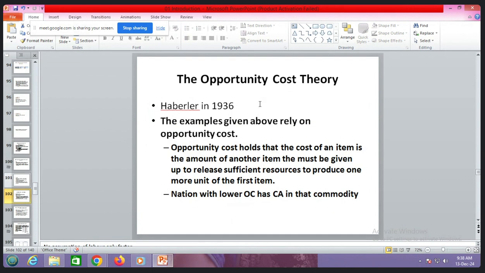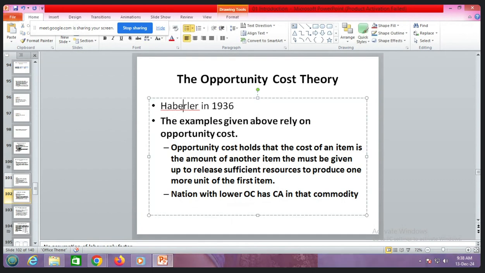This opportunity cost theory was given by an economist called Haberler. Haberger is a different economist; Haberler is a different economist. The Haberger's triangle that we did, dead weight loss, is a different concept altogether. In 1936, Haberler gave this opportunity cost theory.